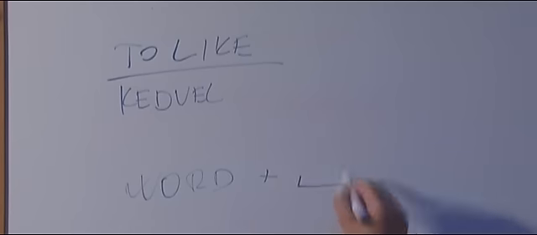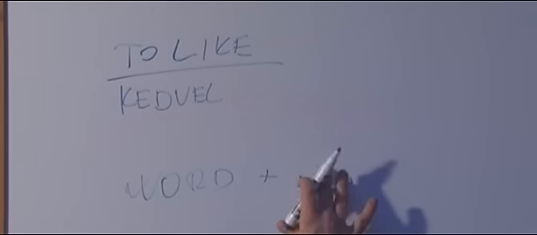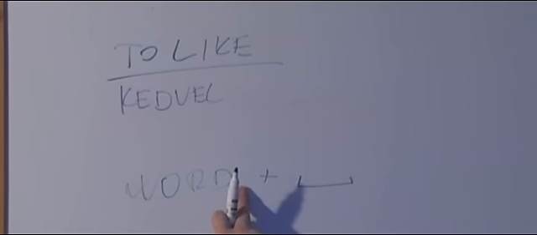Now, let's go back to this. Do you remember how to conjugate in Hungarian? It means that you put an ending, an attachment after the word. This is something you put on the end of the verb or word.